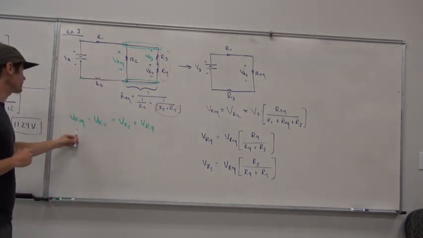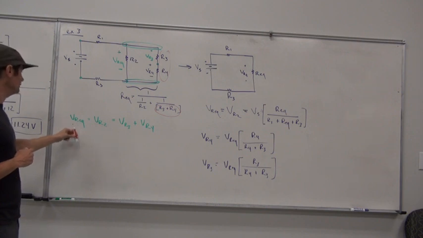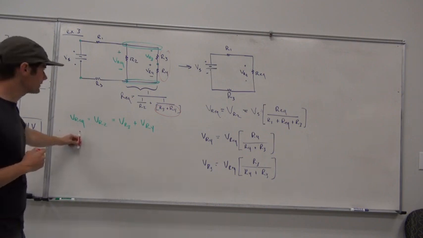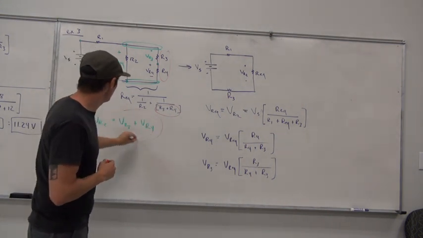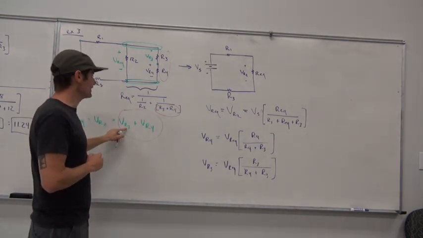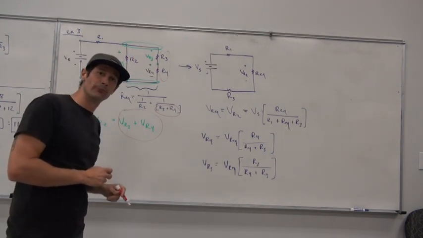But the voltage across R2 is the same as the voltage across the equivalent resistance, and that voltage is made up of the individual voltages in series of R3 and R4.